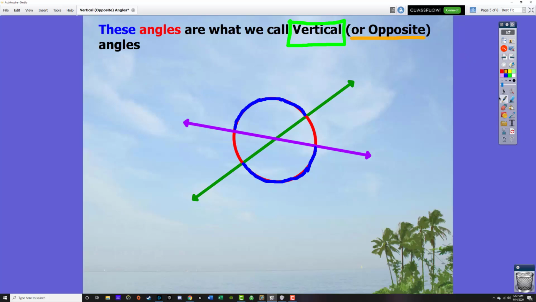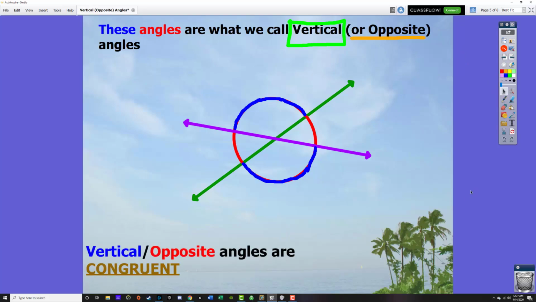Now with vertical or opposite angles, down here in orange, this is a word that I want you to get used to, if you're not already. This word here is congruent.